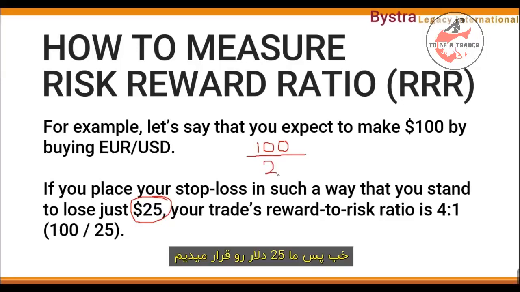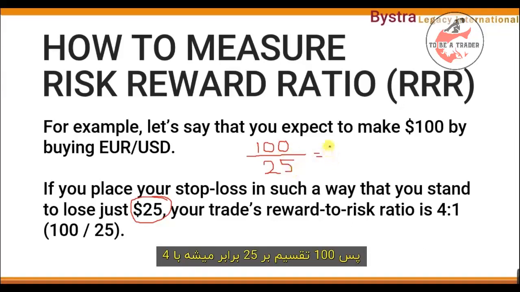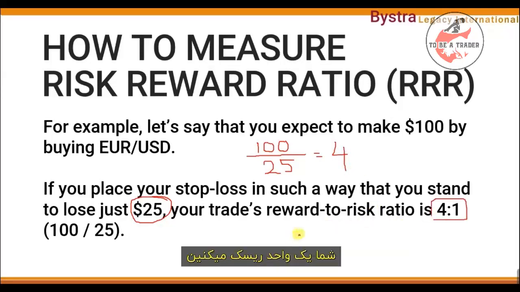So $100 is our potential gain, our potential reward, and our potential risk, meaning the stop loss, will be around $25. So 100 divided by 25 equals 4. Your risk reward ratio would be 4 to 1. You risk 1 and your reward will be 4 times what you are risking. So this is a very good trade.